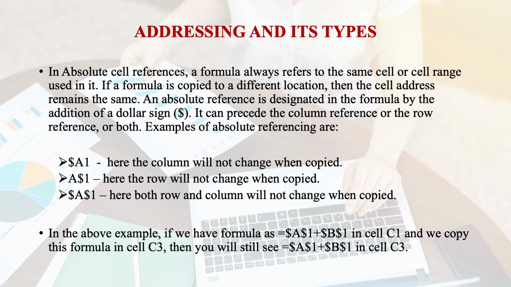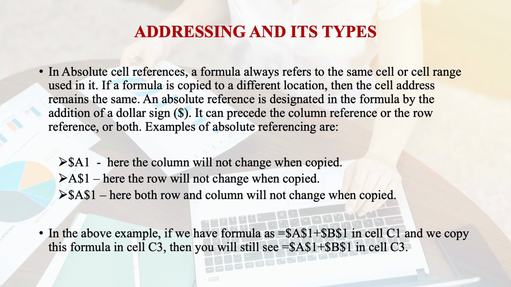So if I write the formula in C1 as equal to $A$1 plus $B$1, and I copy it into multiple cells C2, C3, C4, then in all the cells the copied formula will be $A$1 plus $B$1. That means only the sum of A1 and B1 is reflected.